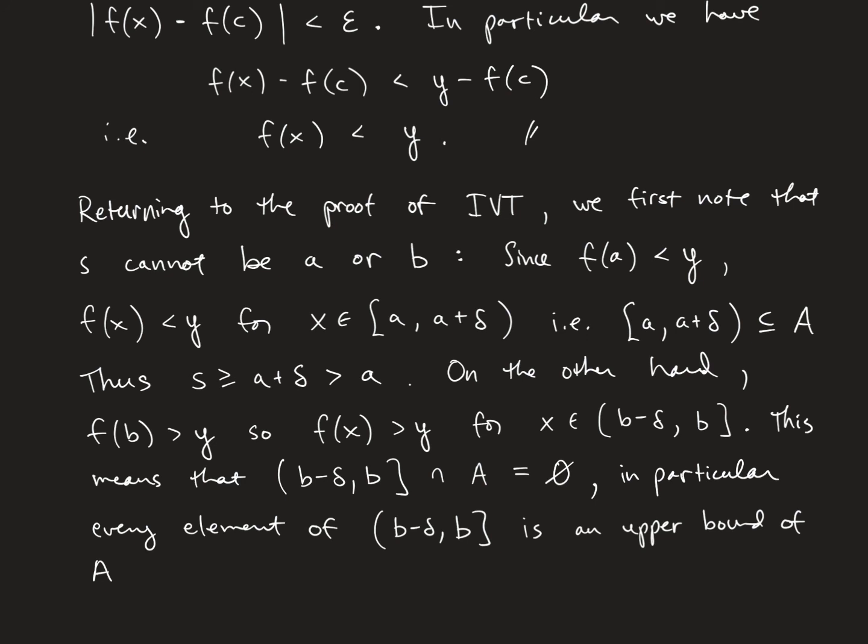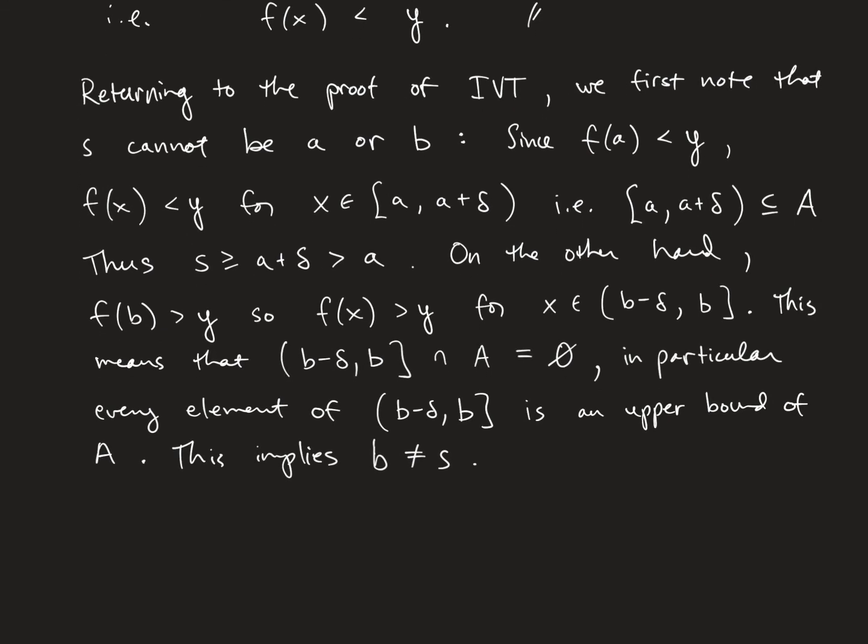And in particular, B can't be the least upper bound, right? Since everything in here is an upper bound, B is an upper bound, but it's not the least upper bound because there are lesser elements than B in this interval, which are also upper bounds. So this implies that B is not equal to S. Okay, so thus S is in the open interval from a to b.